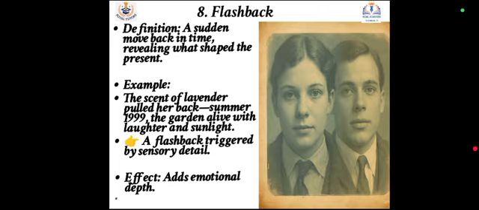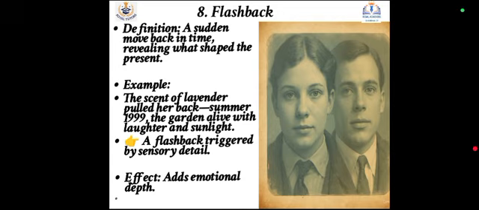Then the next is flashback. Flashback is a sudden move back in time, revealing what shaped the future. For example, the scent of lavender pulled her back. Summer 1999. The garden alive with laughter and sunlight.